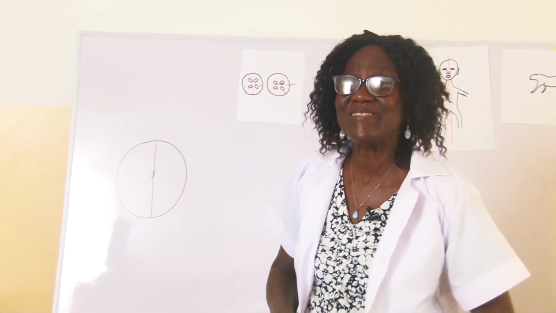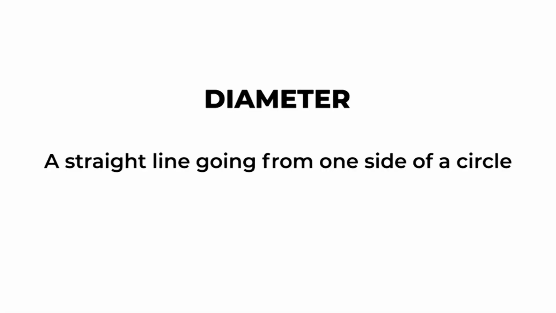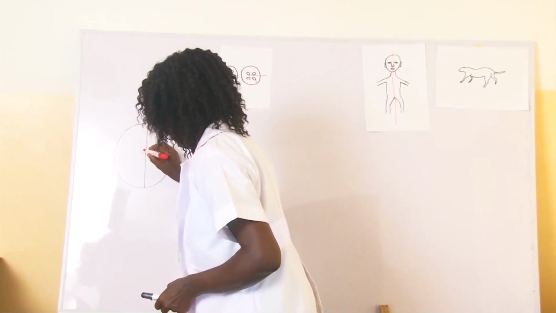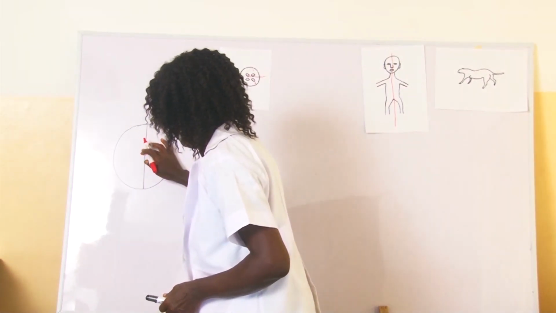In any case, what's a diameter? Let's define what a diameter is. A diameter is a line going from one side to another through the center of the circle. You have a circle, like I have a circle here. The center is here.